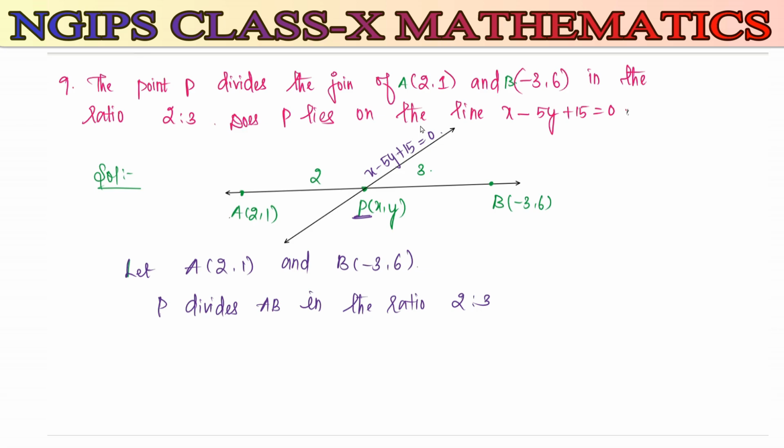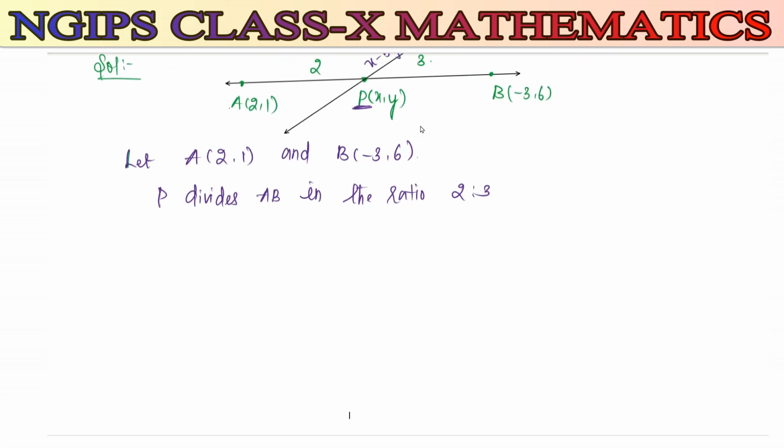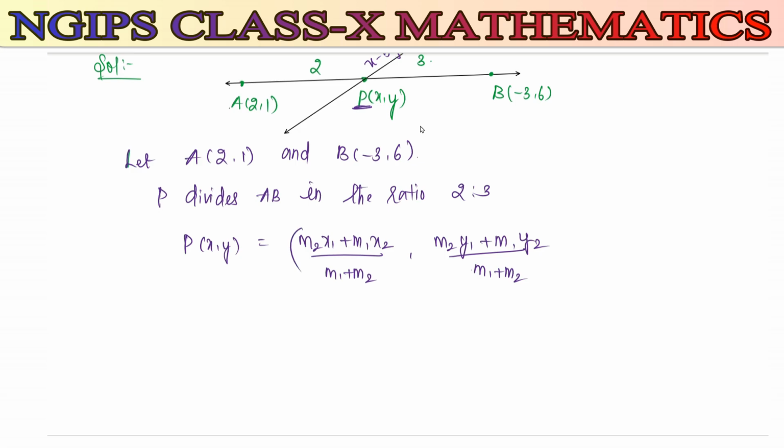First we need to find the point P. Here we know P divides AB in the ratio 2:3, so I can use the section formula. P of x comma y is equal to m2 x1 plus m1 x2 divided by m1 plus m2, comma m2 y1 plus m1 y2 divided by m1 plus m2. Now I am going to substitute the values.